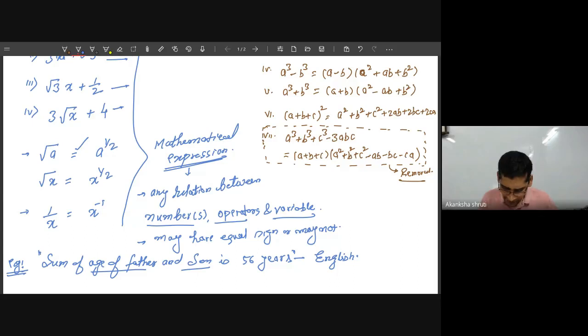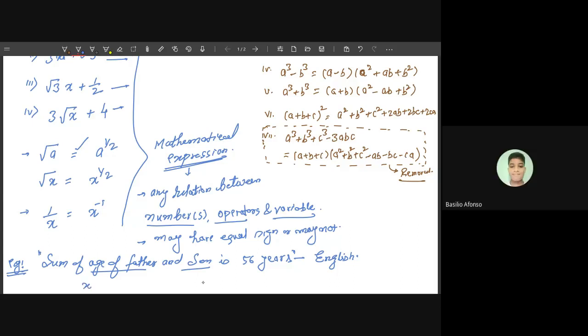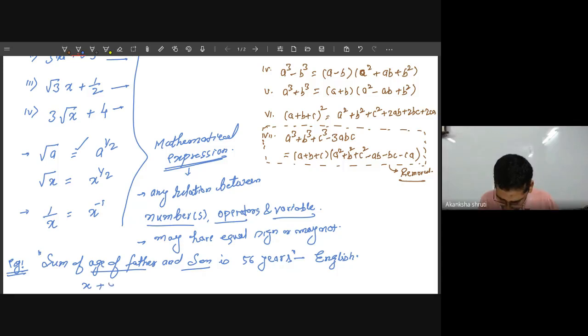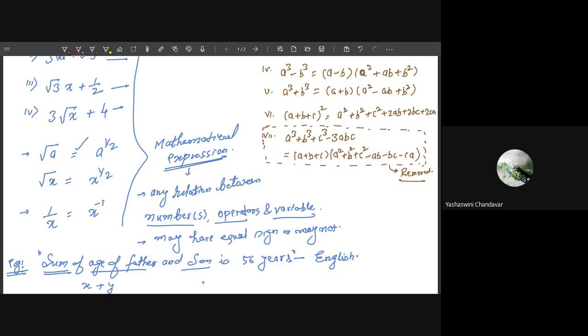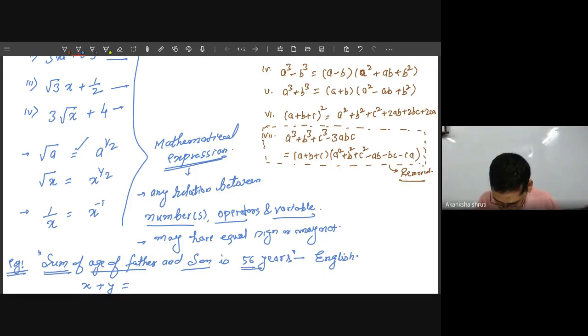So if I take the age of father as x and the age of son as y, then the sum is the addition of these two. It gives us x plus y equals 56. So this is the mathematics. The same English statement is written in mathematical terms.